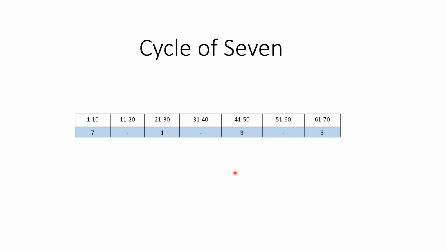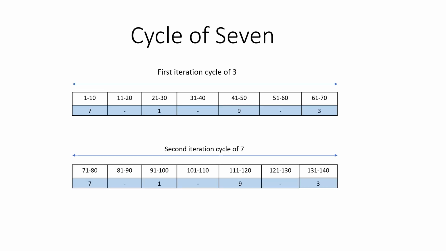So that number won't be a prime. That's why we have to check all primes to be sure what is a prime and what is not. This is the cycle of 7 with 2 iterations. As you see, they have the same numbers in the same positions of the cycle. So for infinity, those numbers in those positions of the cycle won't ever be primes.